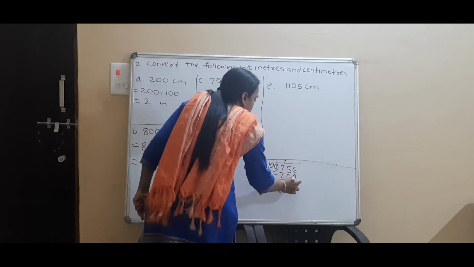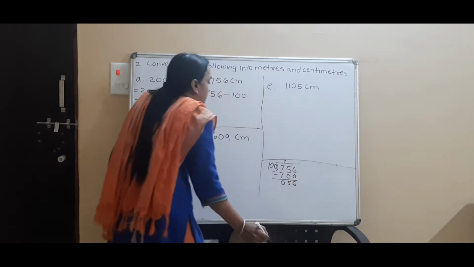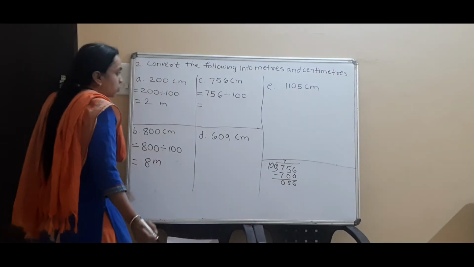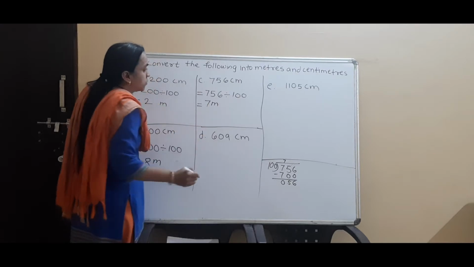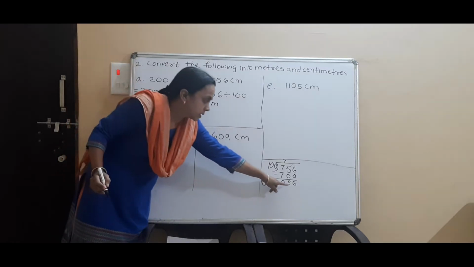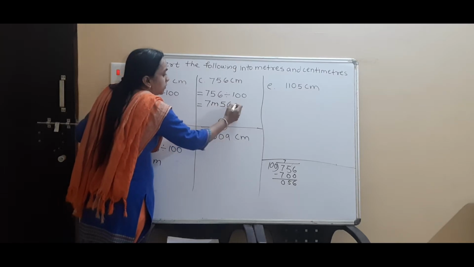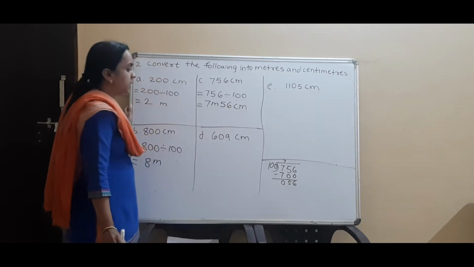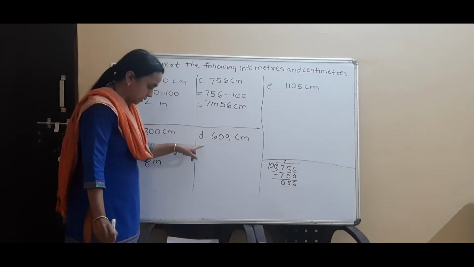Okay. 6 minus 0, 6, 5 minus 0, 5, 7 minus 7, 0. So what is the quotient? Quotient is 7. So 7 meter we have to write down. And what is the remainder? Remainder is 56. So we have to write down 56 centimeter. So in this way we have to write down the answer.